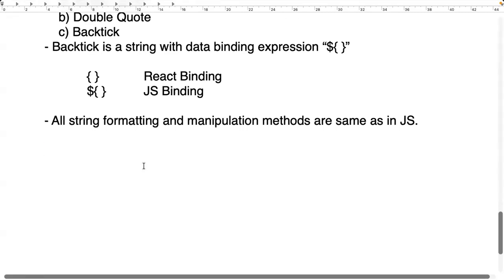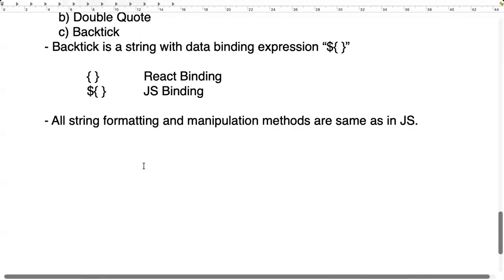You learn so many methods: charAt, charCodeAt, indexOf, lastIndexOf, slice, substr, substring, toUpperCase, toLowerCase. Am I right? All these. Then the string match method. Match is to verify regular expressions. All the string methods are the same. There is no change. How you use the string methods in your JavaScript, all the methods are the same, right?